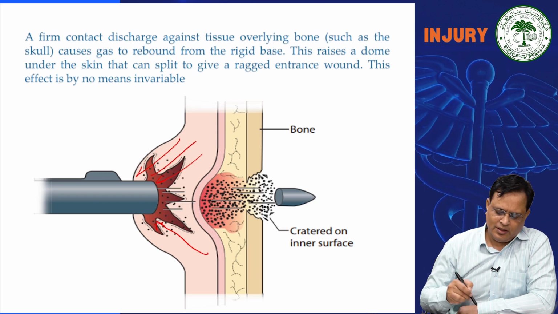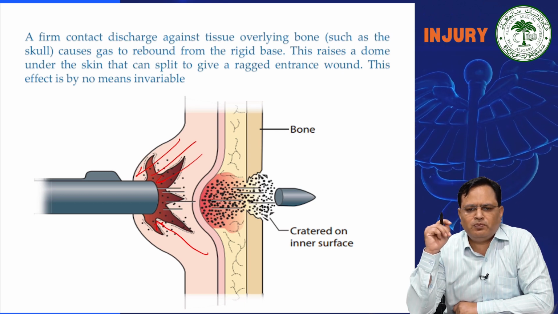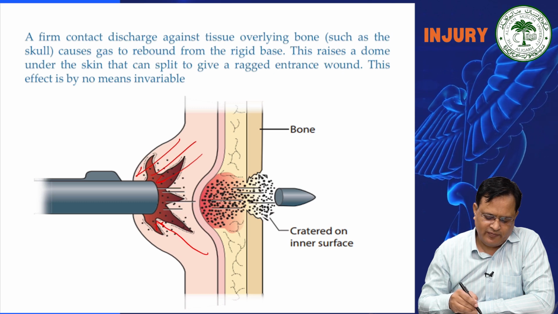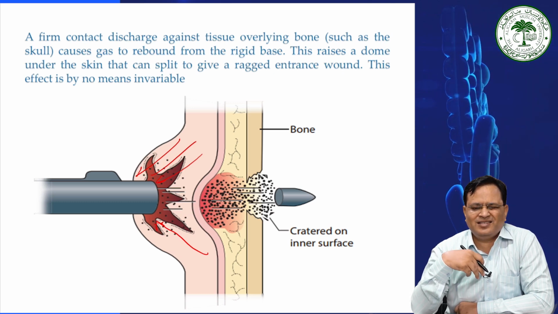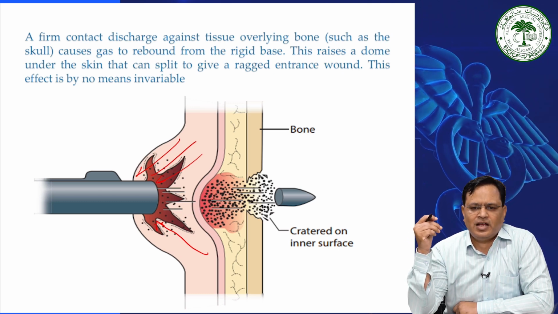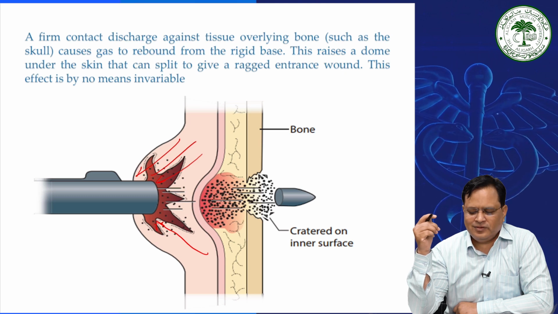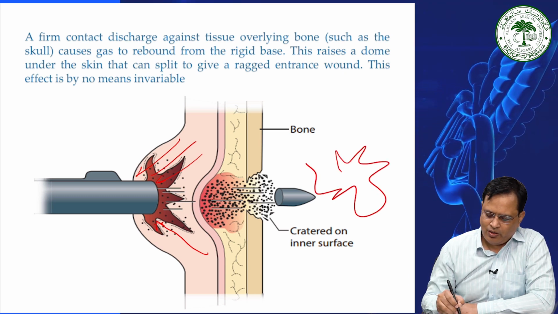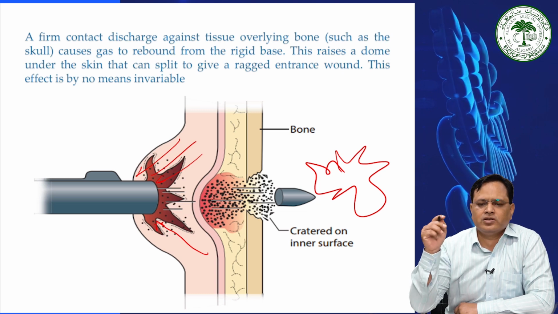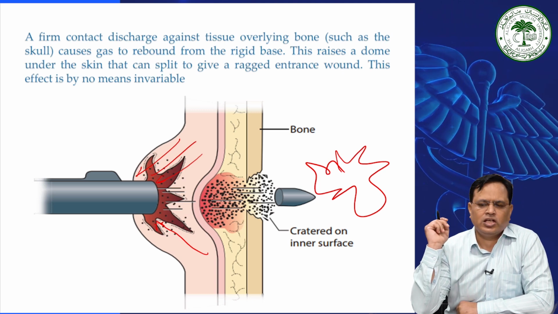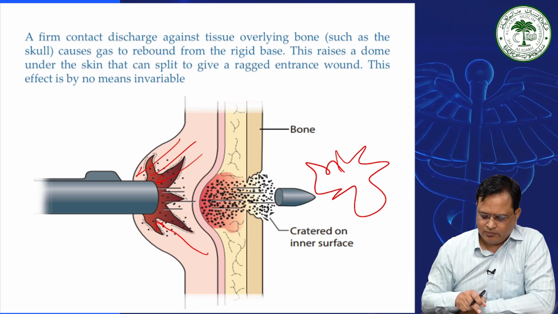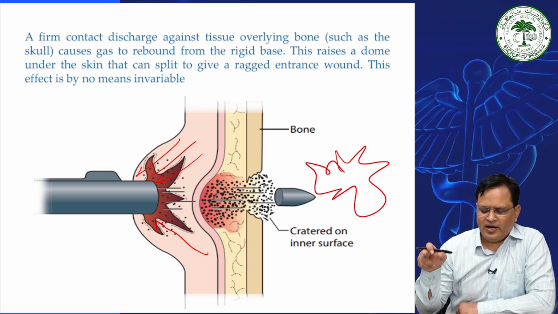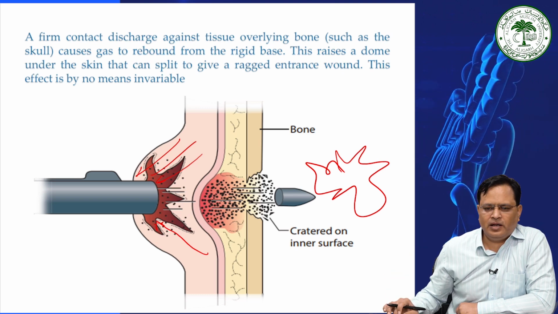That dome leads to a split of the tissue and the gas is released. That can split and give a ragged entrance. So the entrance can be something like this, not circular, because of this explosive mechanism.